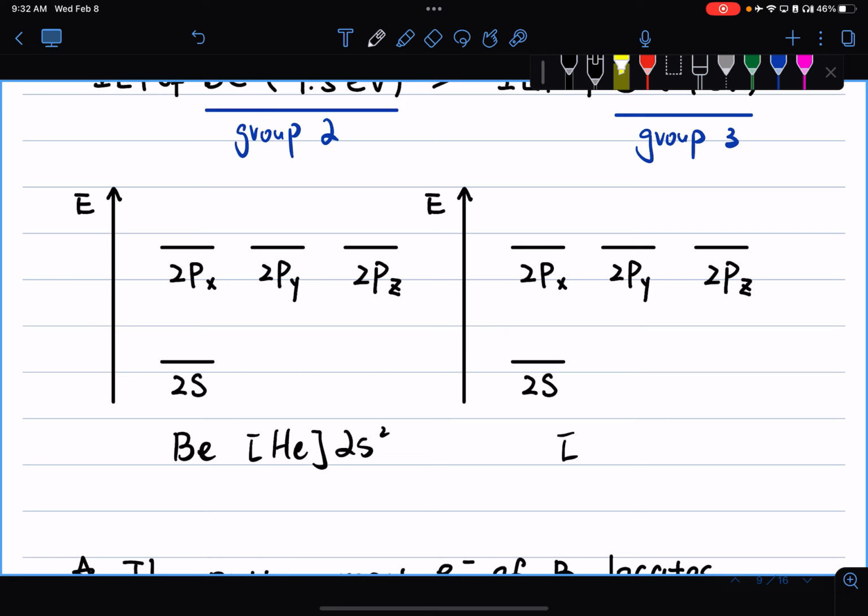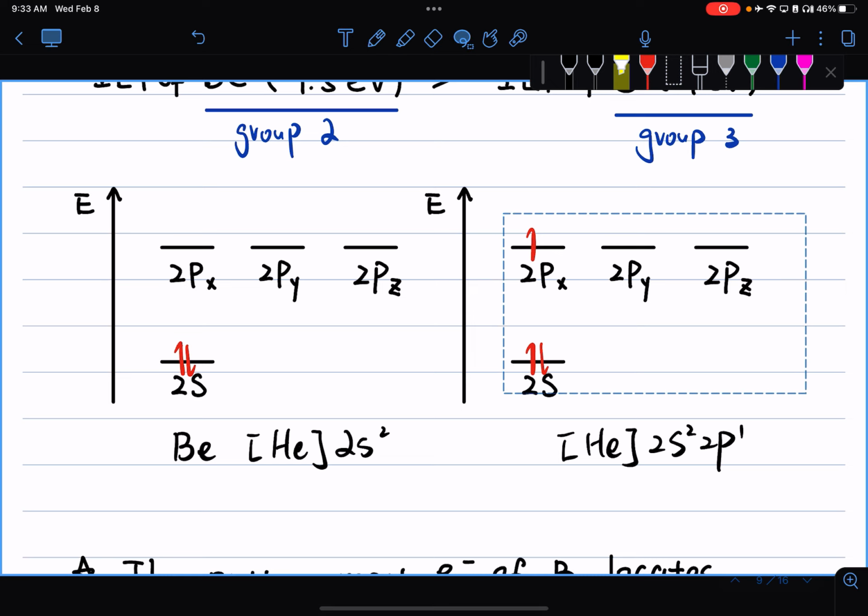And for boron, that's helium 2s2 2p1. So for beryllium, both electrons are in 2s. And for boron, one of the electrons goes into the 2p atomic orbitals.